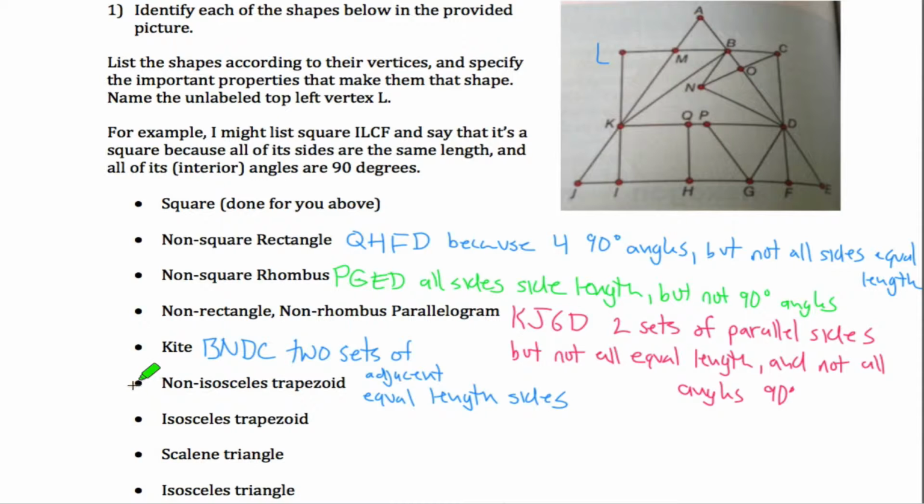So one possible example of a non-isosceles trapezoid. Let's go up here for this one. Would be KIGP. It's one of them. Lots of other ones. KIGP. Exactly one set of parallel sides.